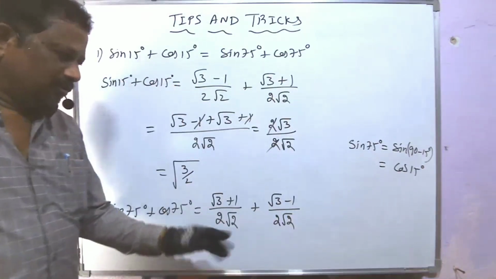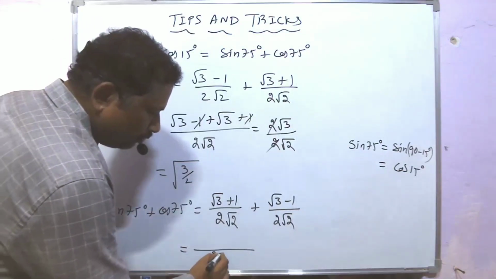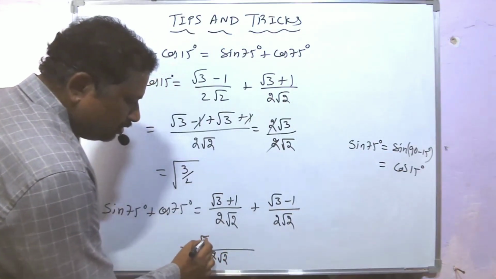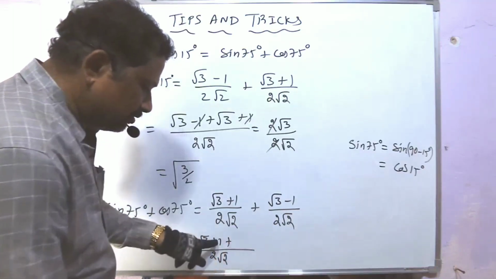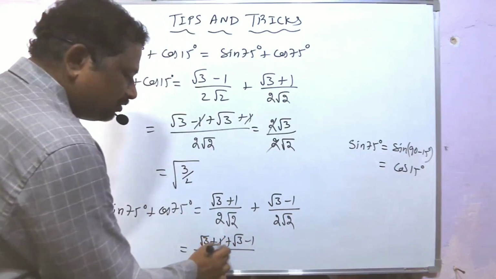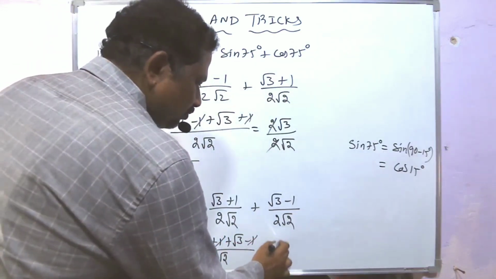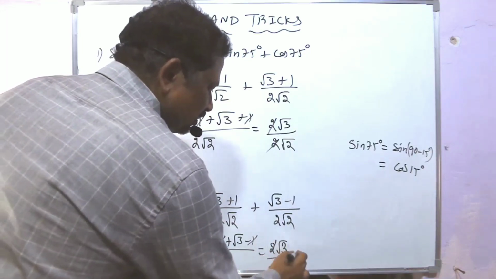Okay? Now if we simplify this one, LCM 2 root 2. In numerator, root 3 plus 1 plus root 3 minus 1. Plus 1 minus 1 gets cancelled. 2 root 3 by 2 root 2. 2 gets cancelled.